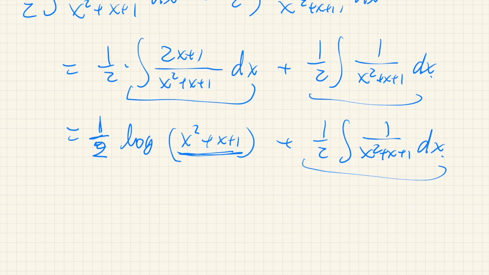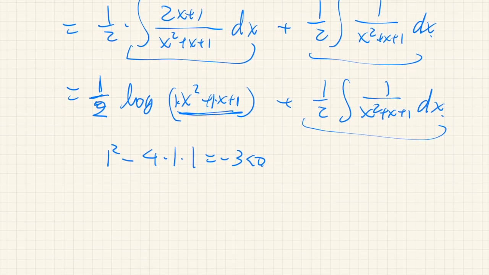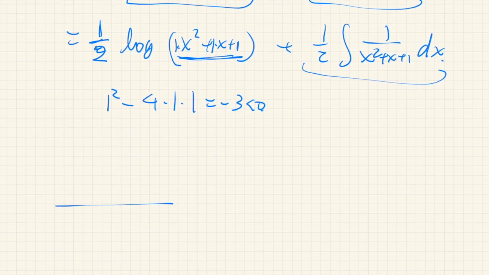This is 1 times x squared plus 1 times x plus 1, so the discriminant is 1 squared minus 4 times 1 times 1, which is negative 3. If you plot this function, it will be above the x-axis. So it's always positive as long as x is a real number, and we don't have to worry about the absolute value.